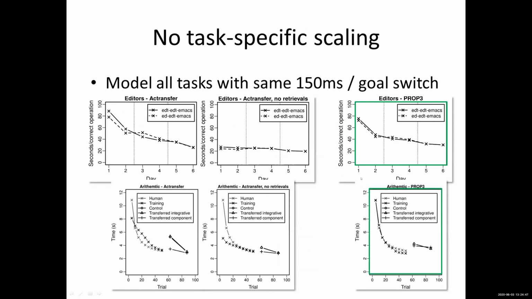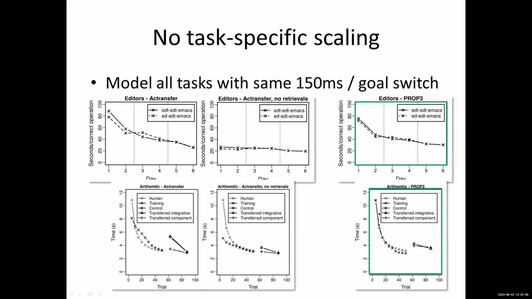And using this method, we actually get about the same performance as the original Actransfer agents got, except we're not using any kind of extra formula to simulate the timing for each task scale. For the editor's agent, we get that same 80-second scale. For the arithmetic agent, we get that same 10-second scale.